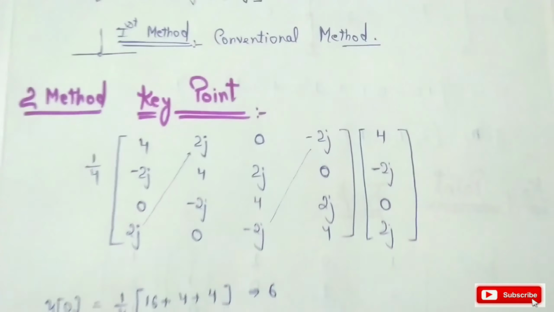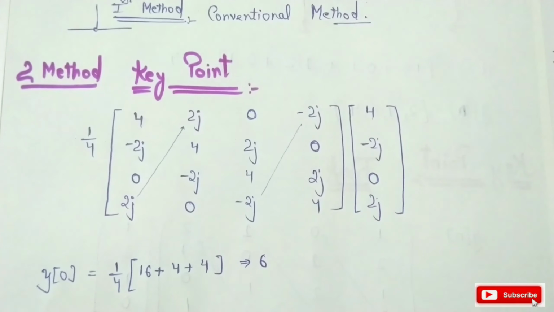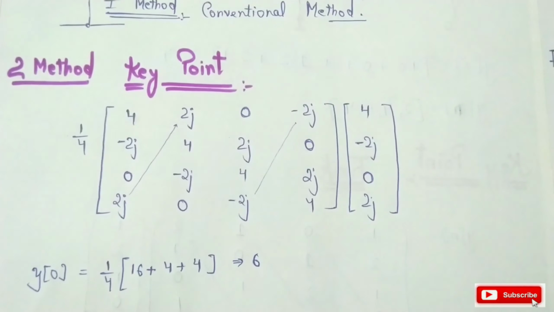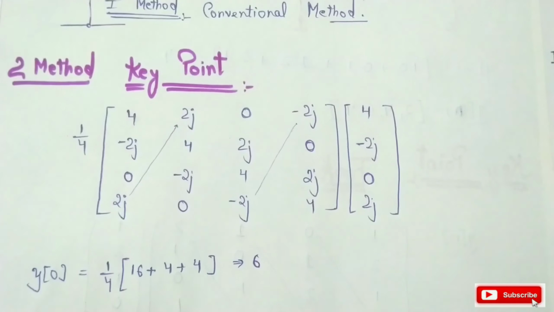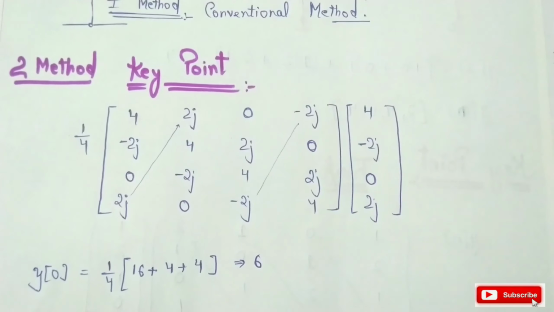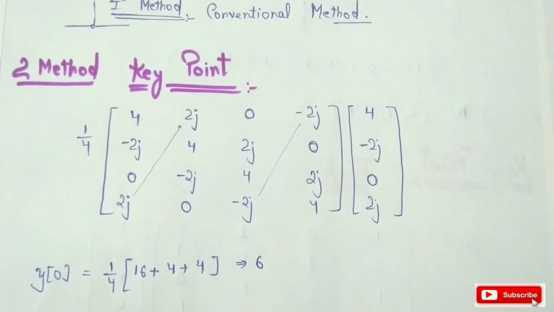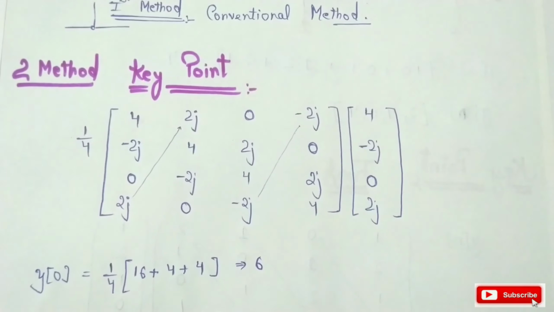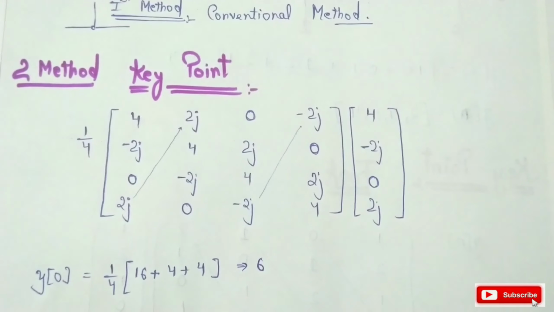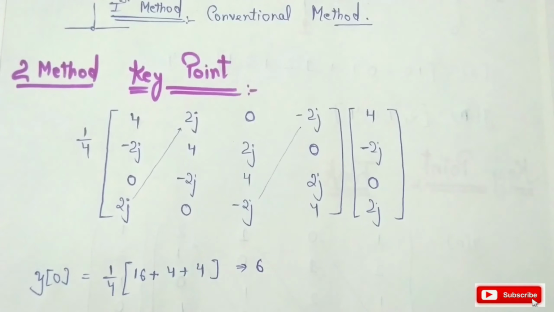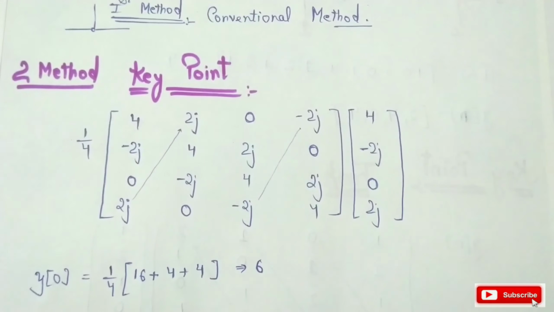Then we multiply. For y of 0, 4 multiplied by 4 is 16, plus 2j is multiplied by minus 2j. 2 multiplied by 2 is 4, where j multiplied by j is given by minus 1. So the resultant will be plus 4. 0 is multiplied by 0, plus minus 2j is multiplied by 2j is 4.